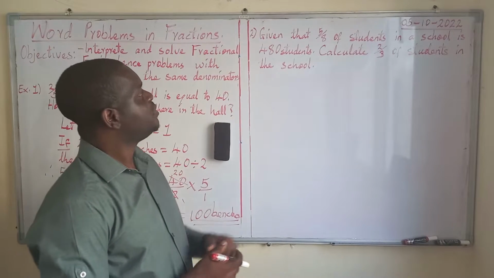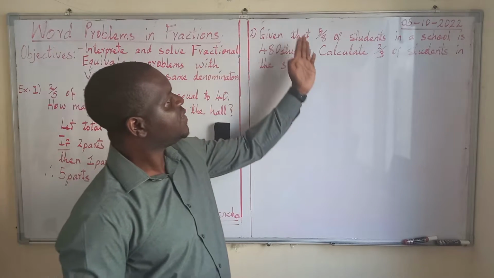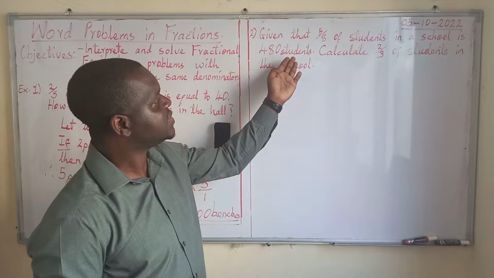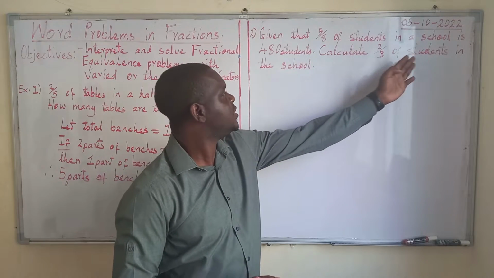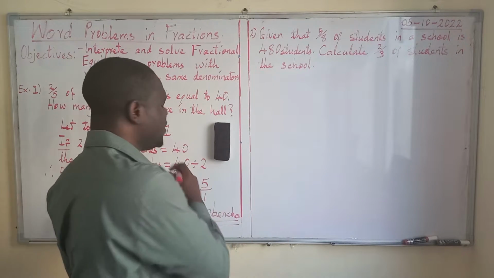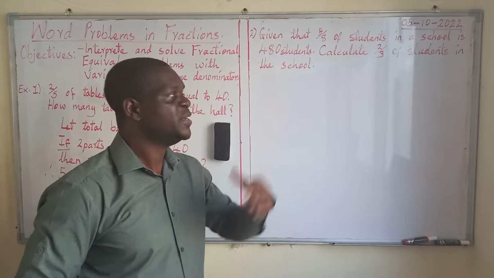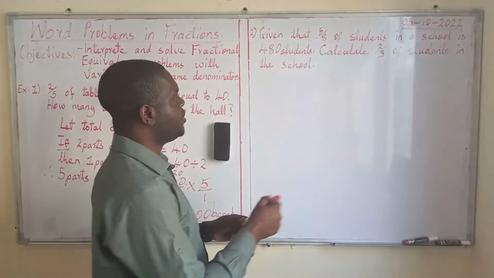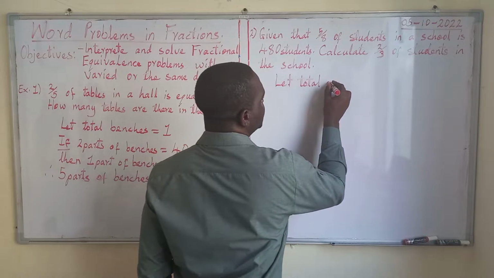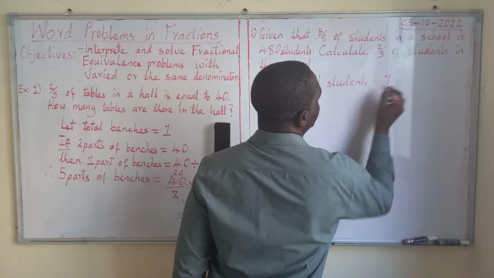Our second example reads, given that 5/8 of students in a school is 480 students, calculate 2/3 of the students in the school. We are going to use the simple formula we used in our first example to solve this. Let's start with the first statement: let total students be equal to 1.